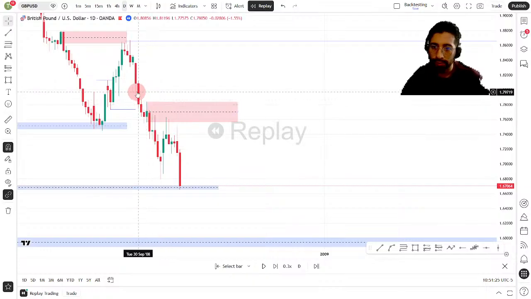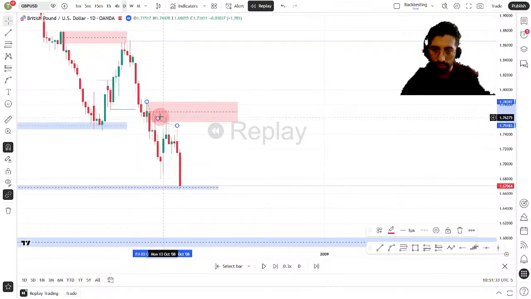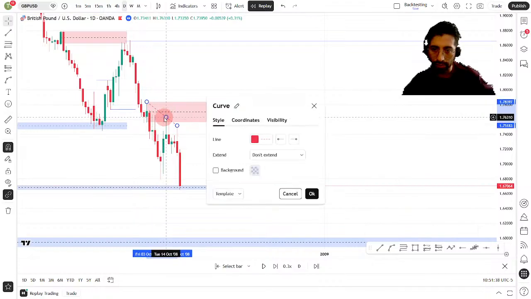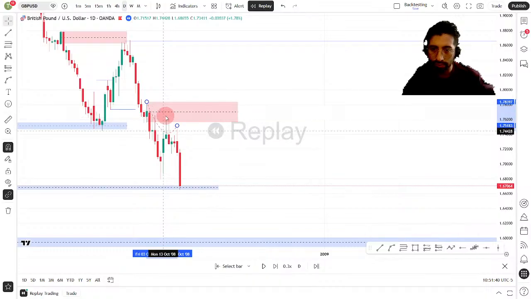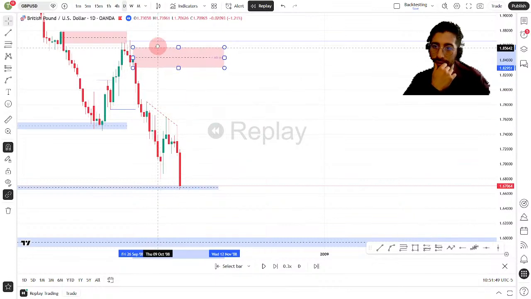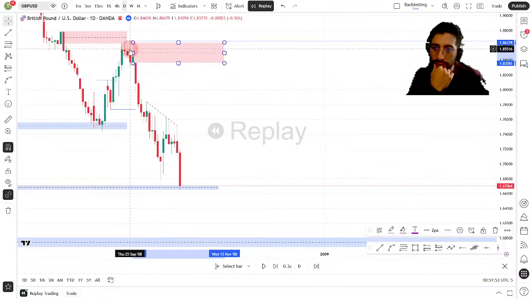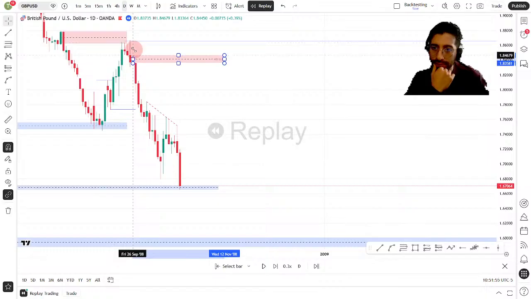So now, because of these highs that are here, this is liquidity. This is liquidity. Wait here. So let's mark a better order block, which I would say would be this one, this very beautiful green candle that appears here.